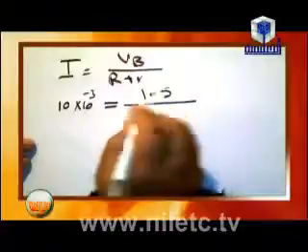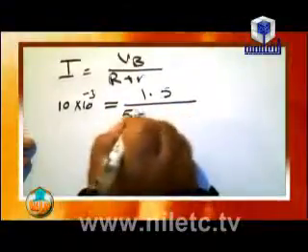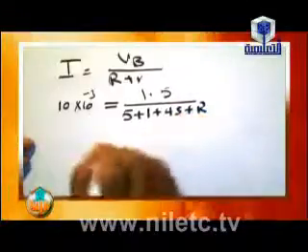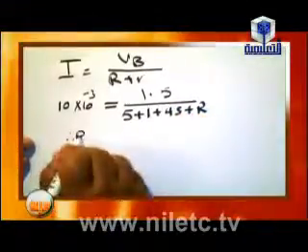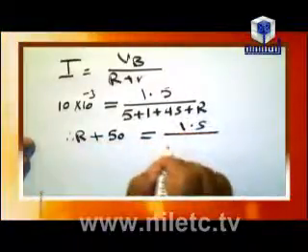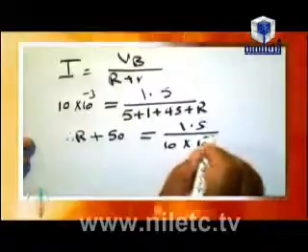VB equals 1.5, and the total resistance is 5 plus 1 plus 45 plus R. Then R plus 50 equals 1.5 over 10 times 10 power negative 3.